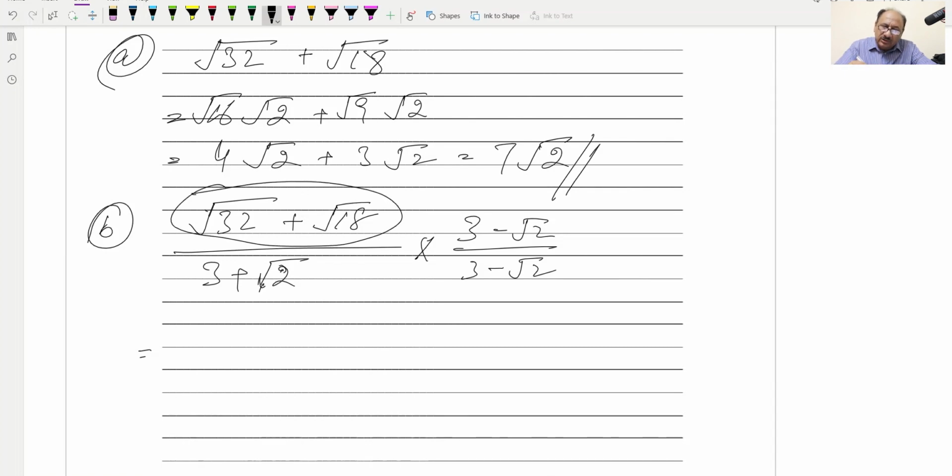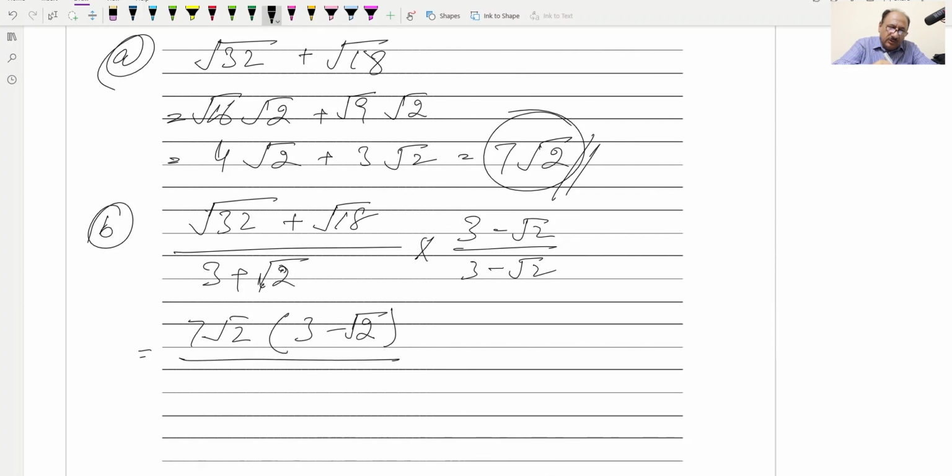For this numerator I'm writing 7 under root 2, and this value we have done in part A, so we are utilizing that one, into 3 minus under root 2. I have written this portion, and the denominator will be by the formula, which is a plus b into a minus b is equal to a squared minus b squared.